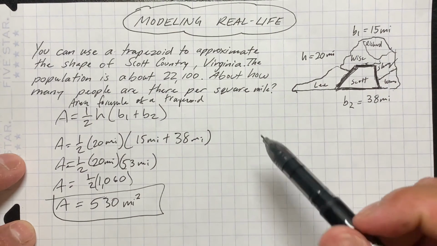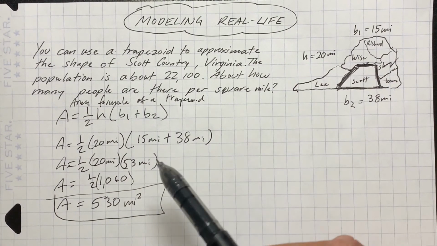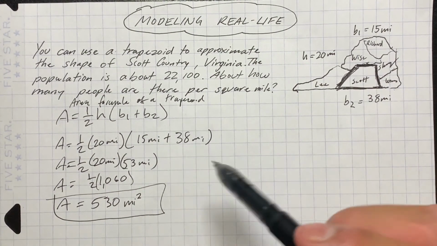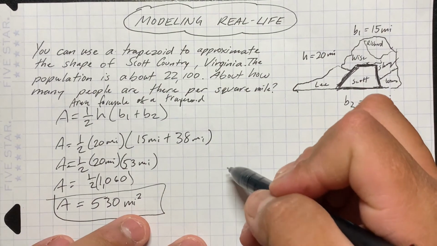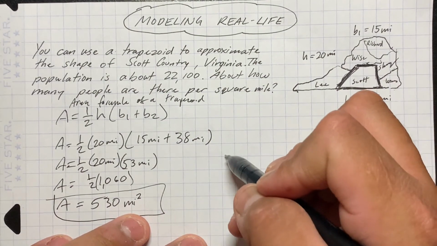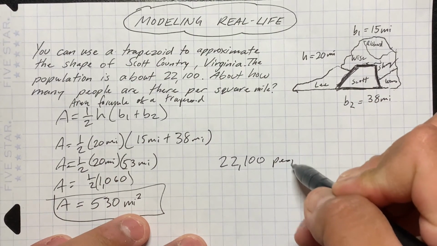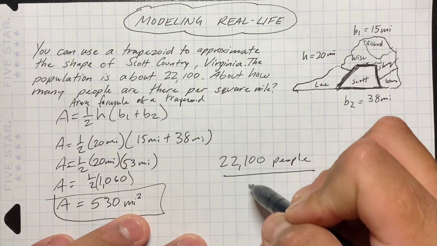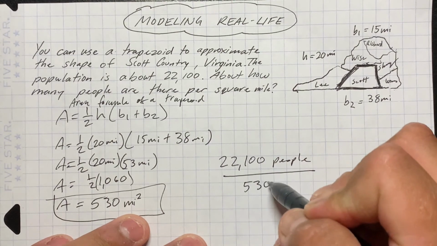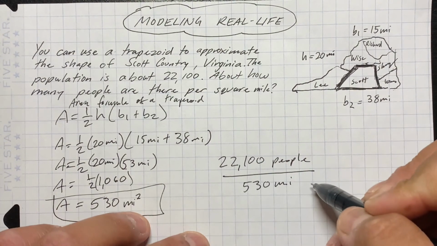But we have to do one more step, and that is to divide the number of people by that area. So we have 22,100 people, and we're going to divide that by 530 square miles.